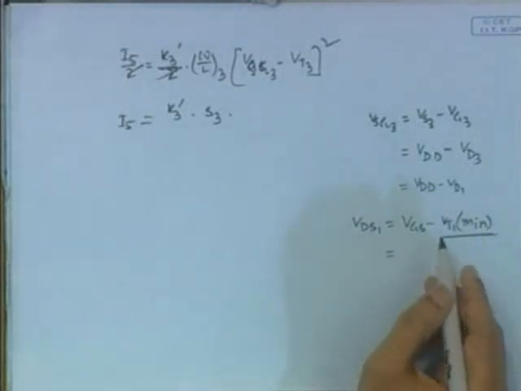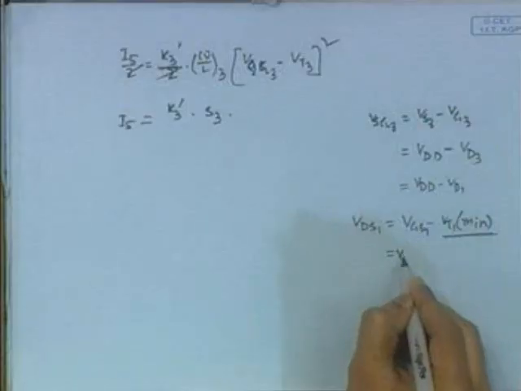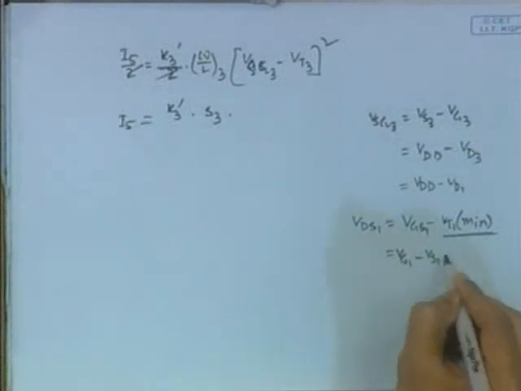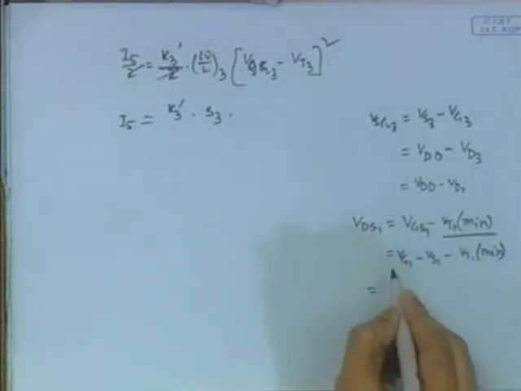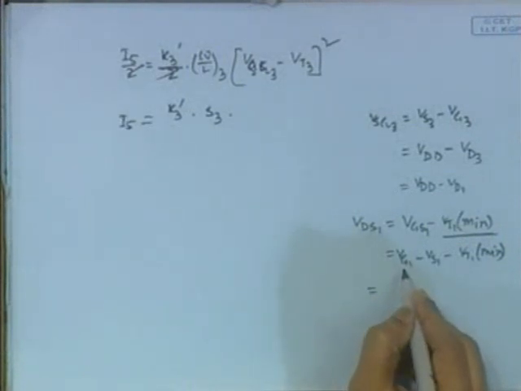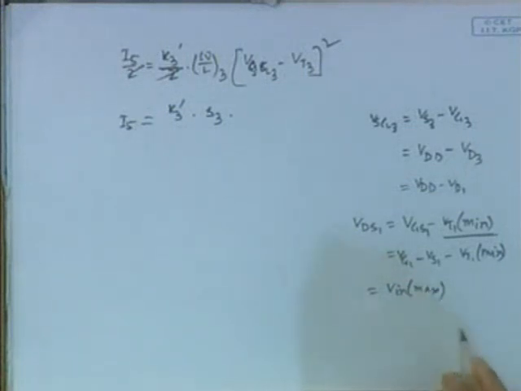What is VGS1? VGS1 means VG1 minus VS1 minus VT1 min, and to have the maximum VDS1, at the gate of the first transistor we need to give Vin max. And what is the source voltage of that M1 transistor?